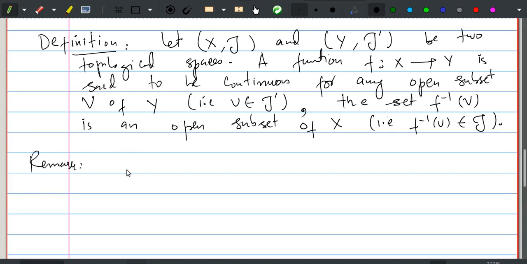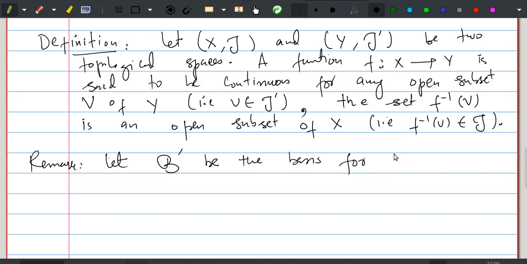So let us suppose f is a function between X and Y, and let B prime be a basis for the topology T prime on Y. So we take a basis for T prime, which is B prime.